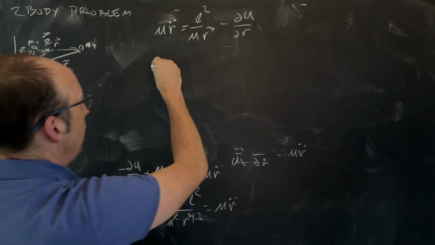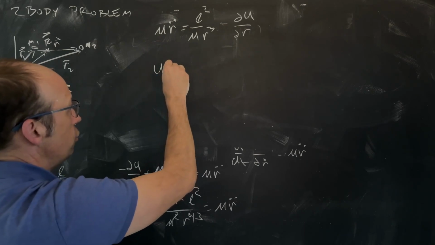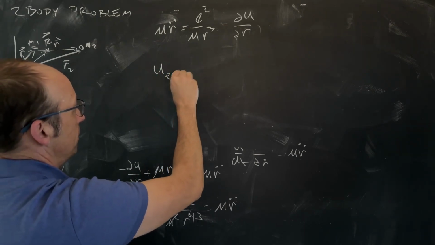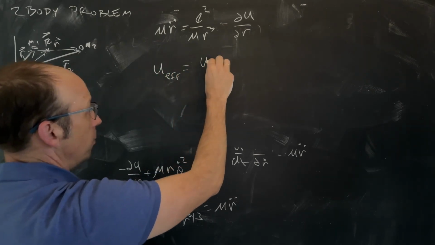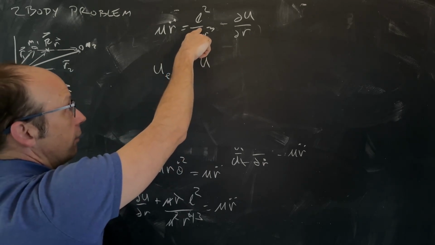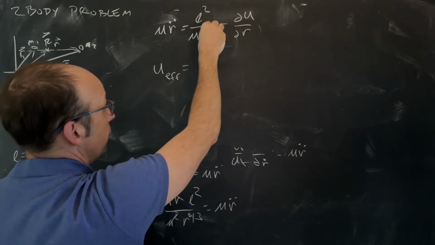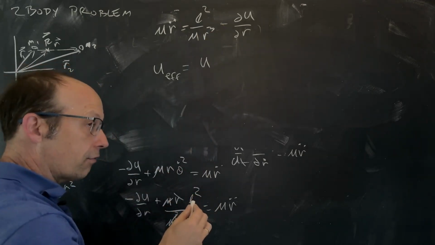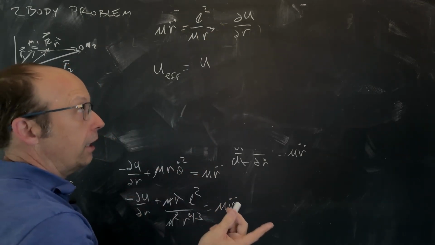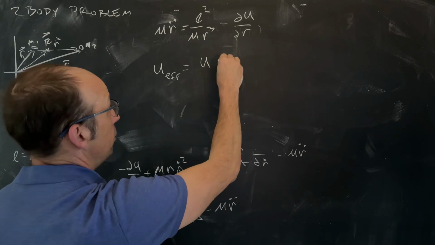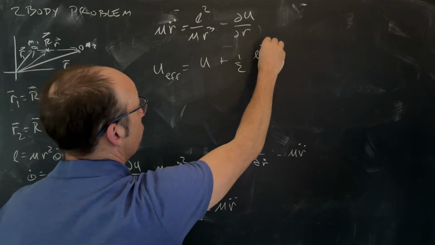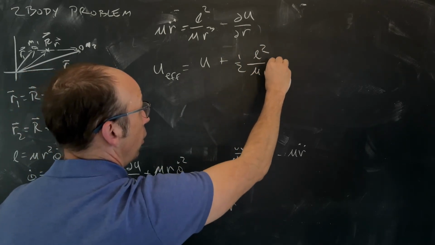So if I do that, let's just check. Let's say U effective is going to be the actual potential, and then I have to take the derivative of this, the negative of it, and I get, this is r to the negative 3. I'm going to raise that by 1 power to negative 2. I'm going to divide that, so I get plus 1/2 L squared over mu r squared.